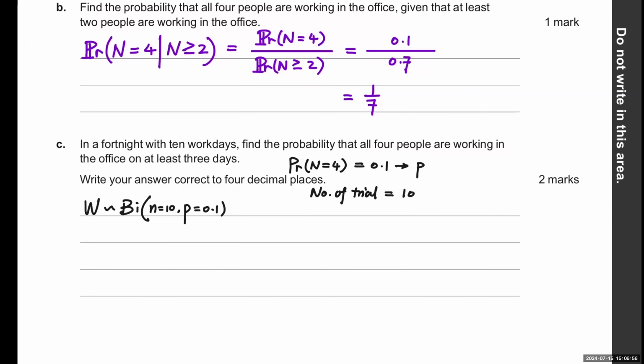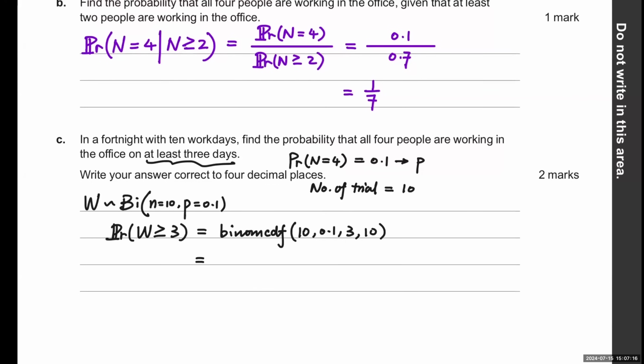So I would like to have 3 of such days. So probability of W greater than or equal to 3. I'm going to use a binomial CDF. On my TI-Nspire, it's binomCdf 10, 0.1 from 3 to 10, okay?